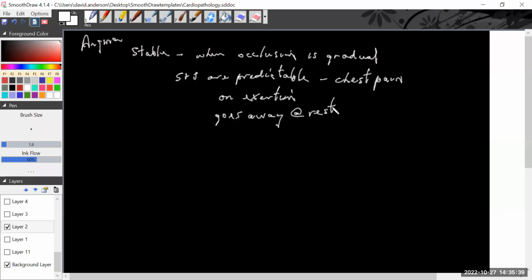So that's our stable angina. You'll see stable angina is also sometimes called typical or classic or effort angina. So you might see terms like typical, effort angina, which refers to the fact that the symptoms are present on challenge but go away on rest, and classic.